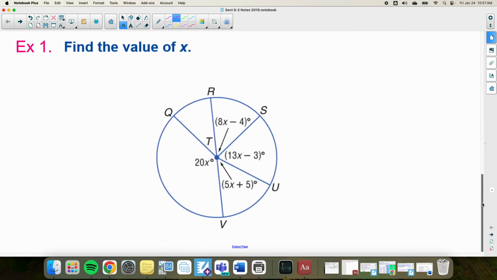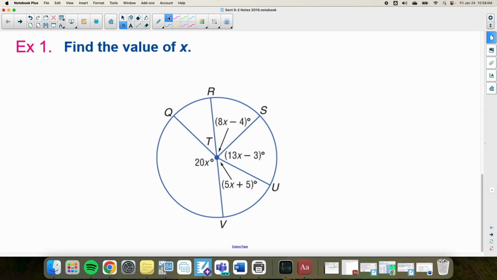So if we look at this and they ask us to find the value of x, notice that we know 4 of the 5 angles. When you don't know any of these and they have x's in there, you would have to know all of them to be able to solve that. You would add them all together and set them equal to 360.